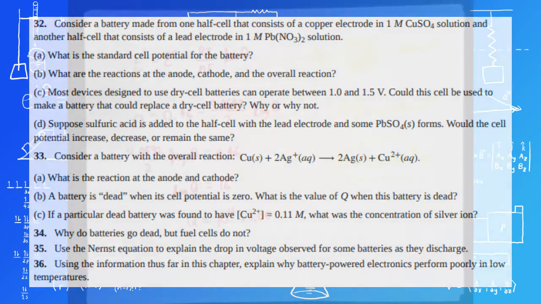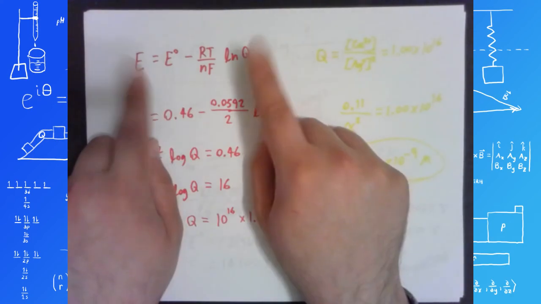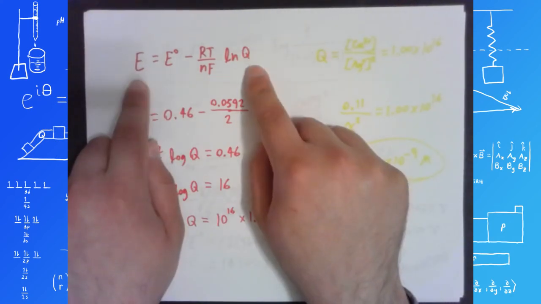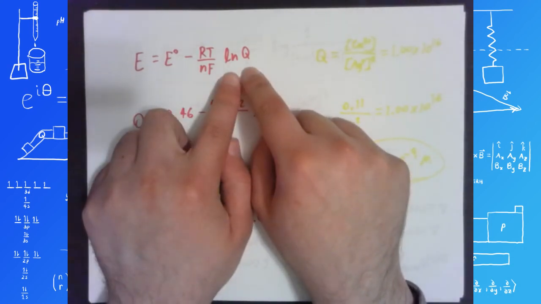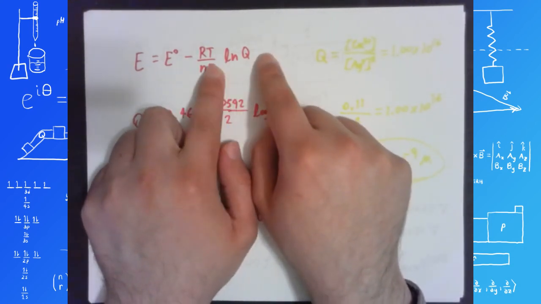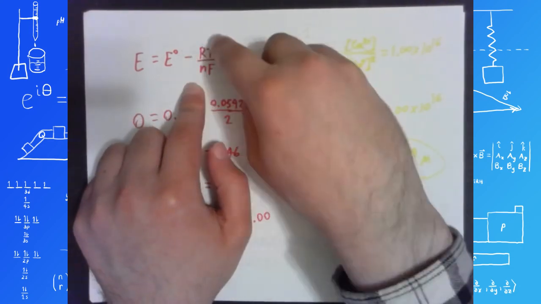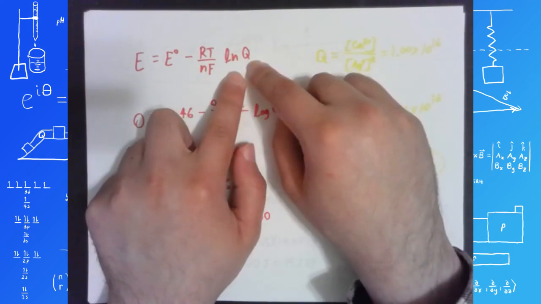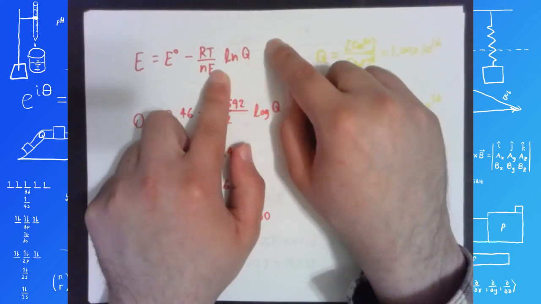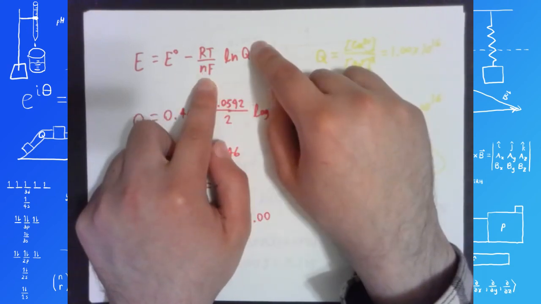And if you look at the equation for nonstandard cell potentials, as Q gets larger and the natural log of Q starts getting larger, all of these are going to be positive values multiplied by a growing value. So you're subtracting something that's getting bigger and bigger over time.